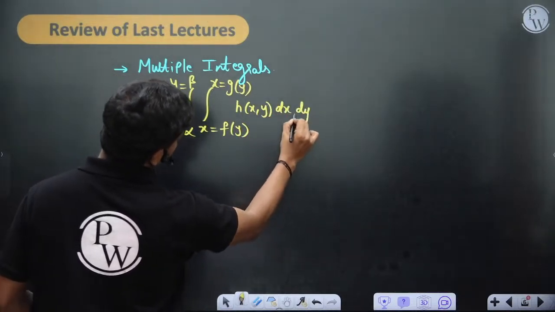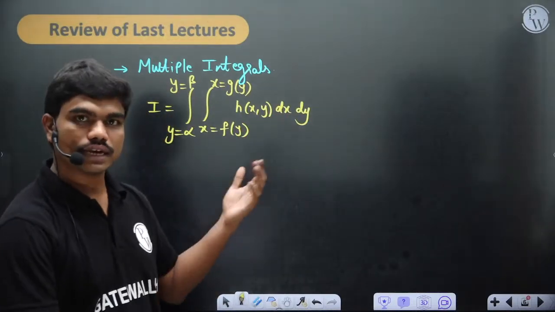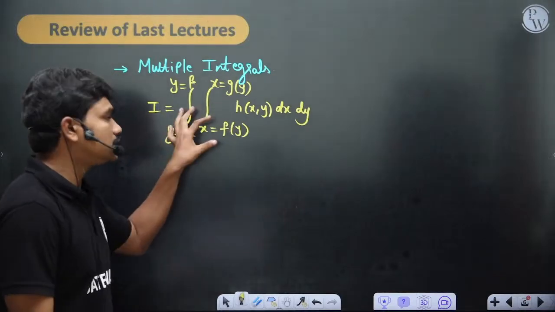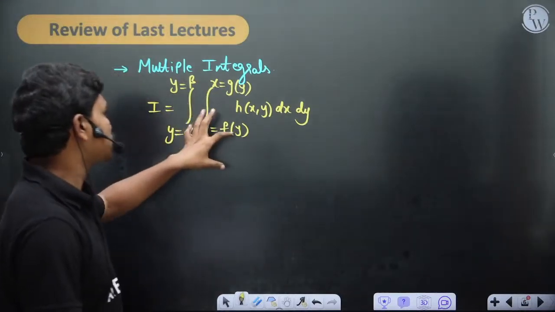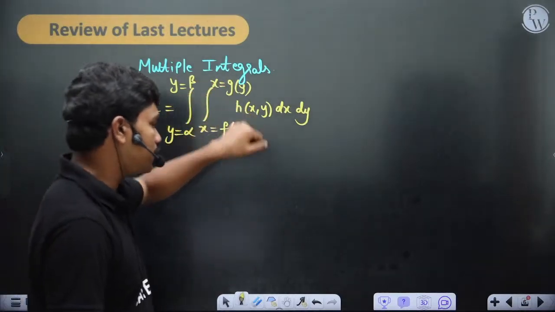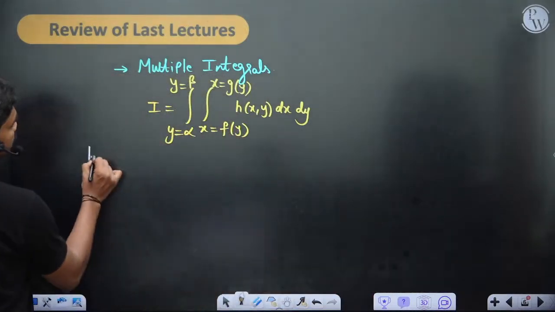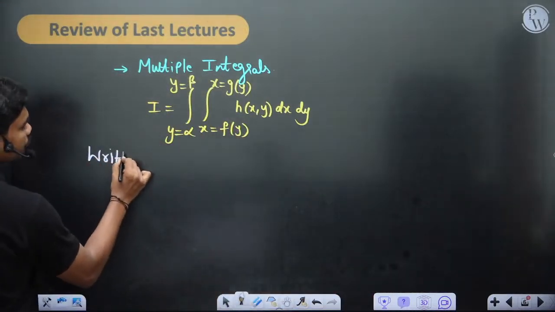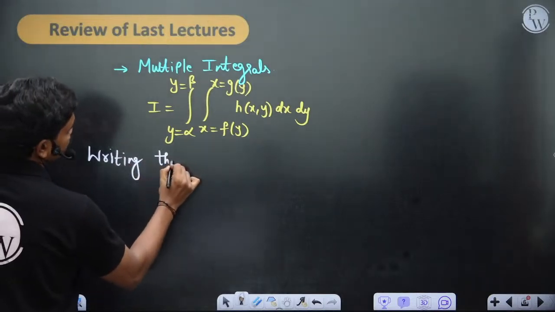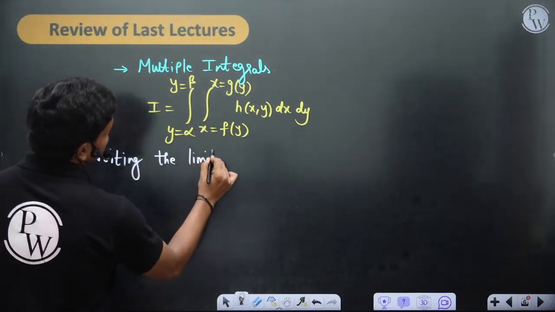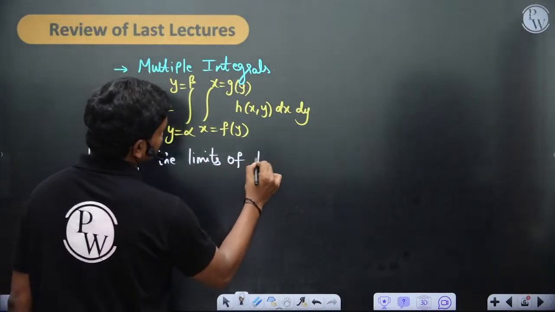We have seen you can convert this integral into another 2D integral by changing the limits. The main focus was on calculation of multiple integrals and exclusively writing the limits of the integral.